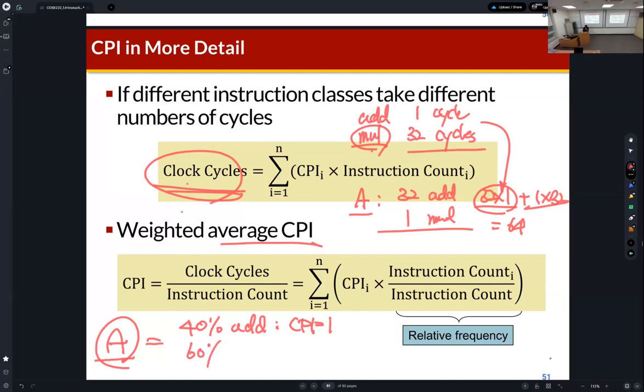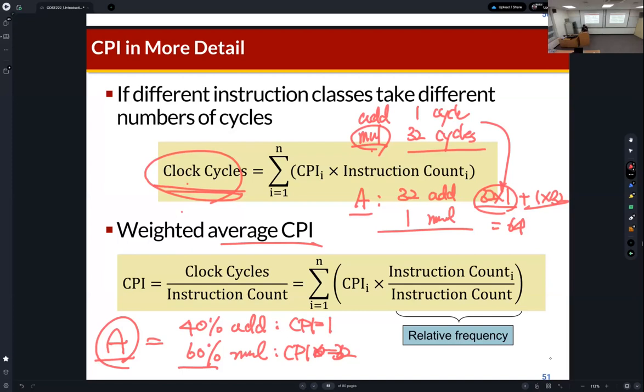And this program A includes 60% multiply instructions, and the CPI of multiply is 32. Then how can you calculate the average CPI for application A?